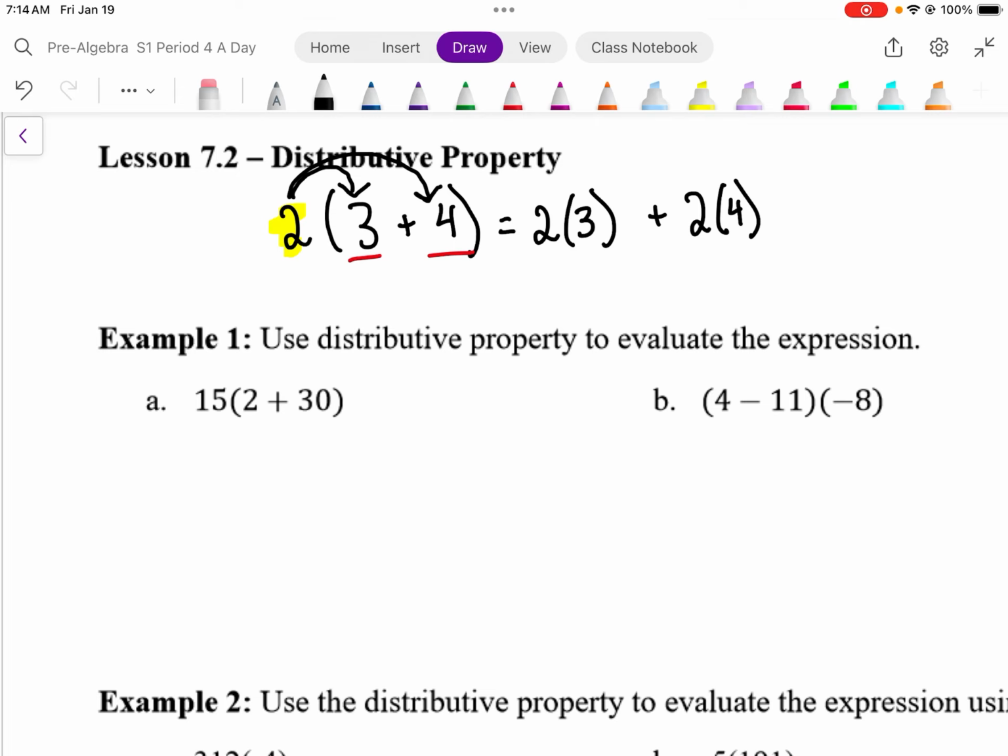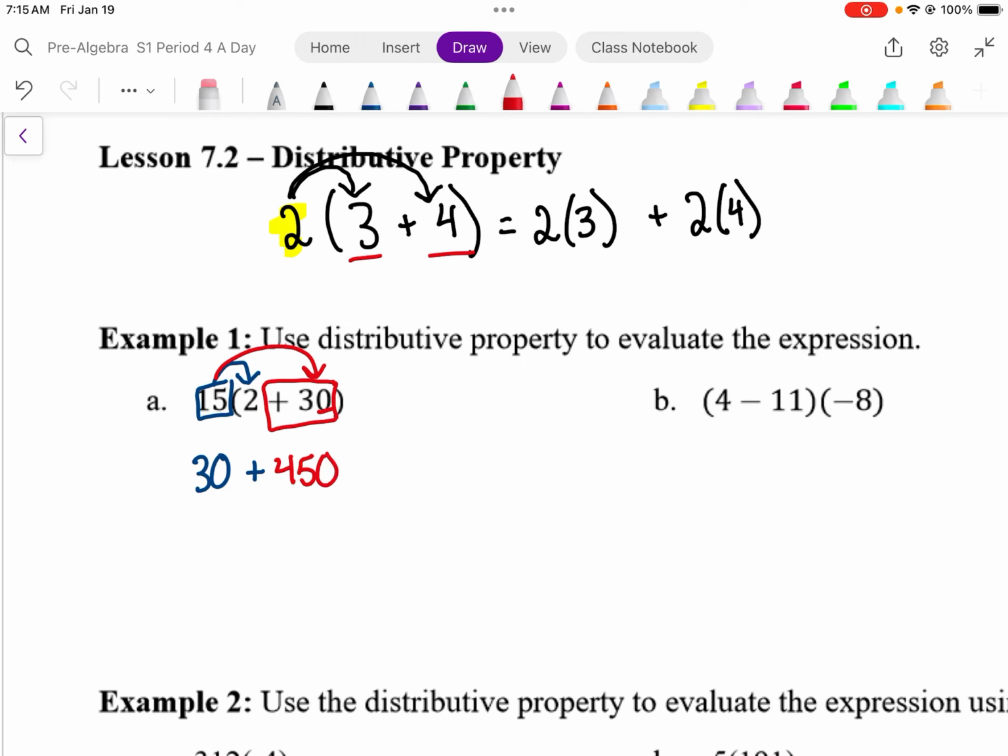So if we look at our example down below, we're going to take 15 times 2 plus 30. So 15 times 2 is 30 plus, and then we're going to take 15 times 30. So 15 times 3 would be 45, and then we're going to add that 0 on at the end.